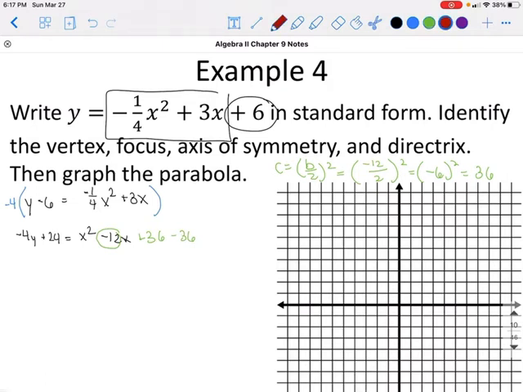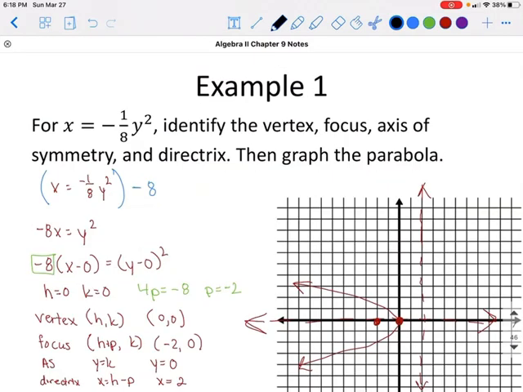Now, our perfect square trinomial is just this first part. So we don't need that negative 36, but we have to add it because you can't just add a 36. You have to do the positive and negative version. So we're going to take the negative one and move it to the other side by adding it. So this will give us negative 4y plus 60 is equal to x squared minus 12x plus 36.